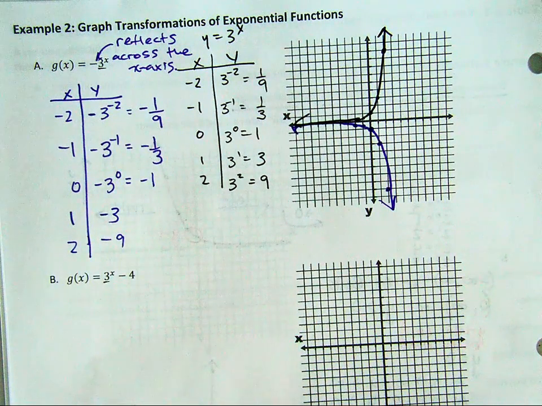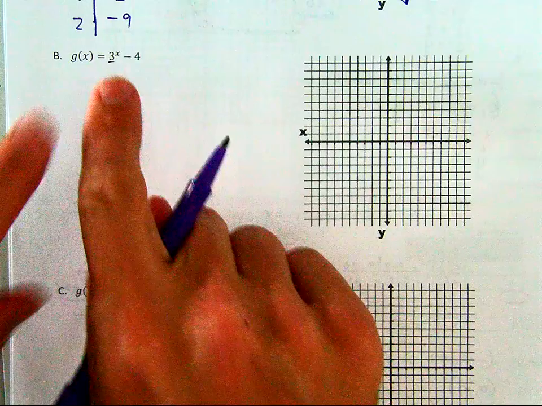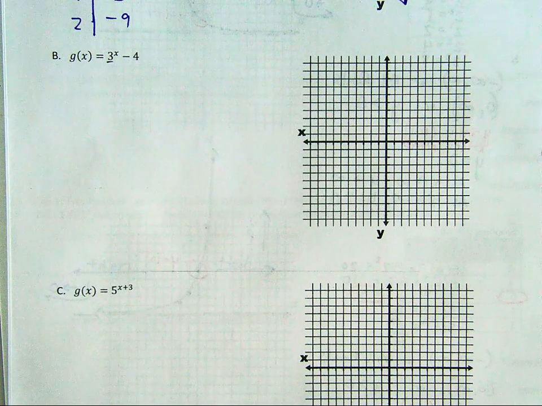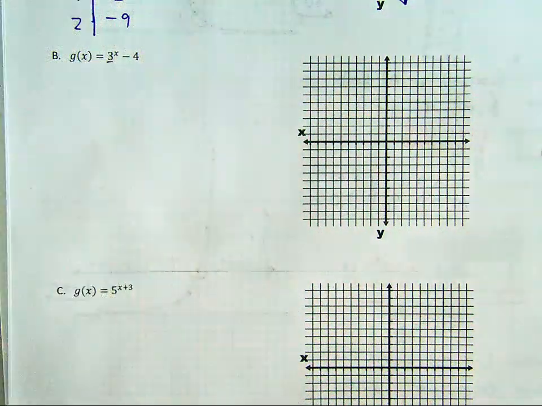Okay. Once again, we have 3x minus 4. Most of you could probably already tell me what's going to happen here. I'm going to go ahead and sketch the parent function, just so it's the same parent function, 3 to the x.